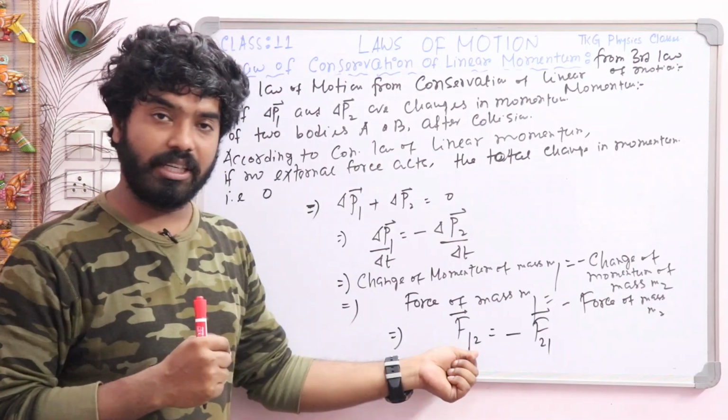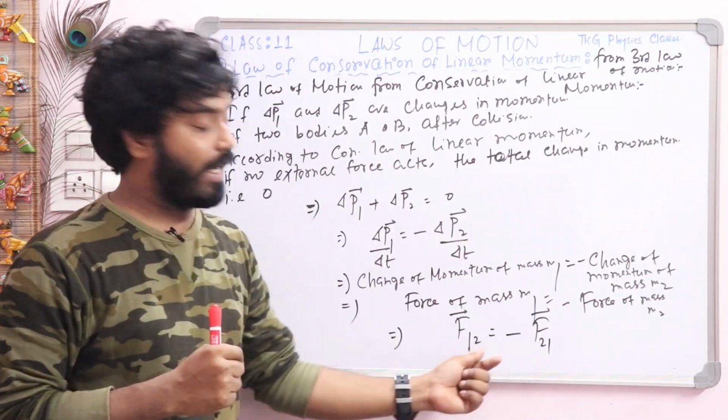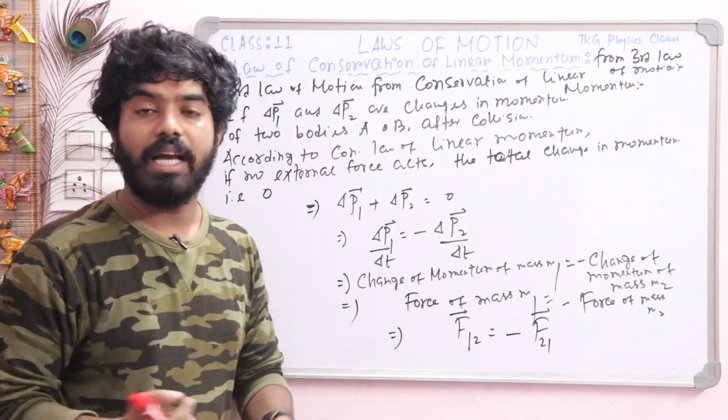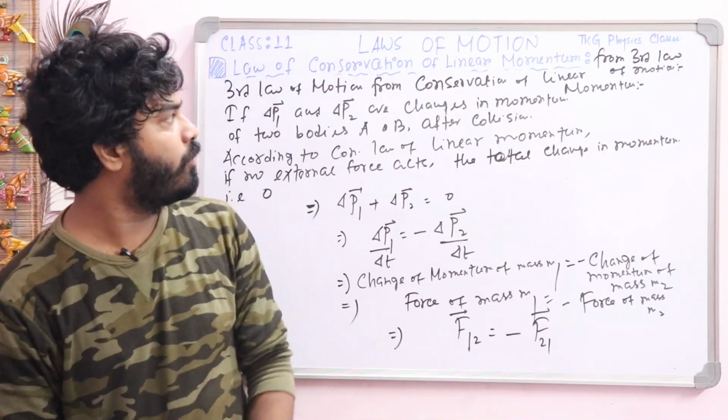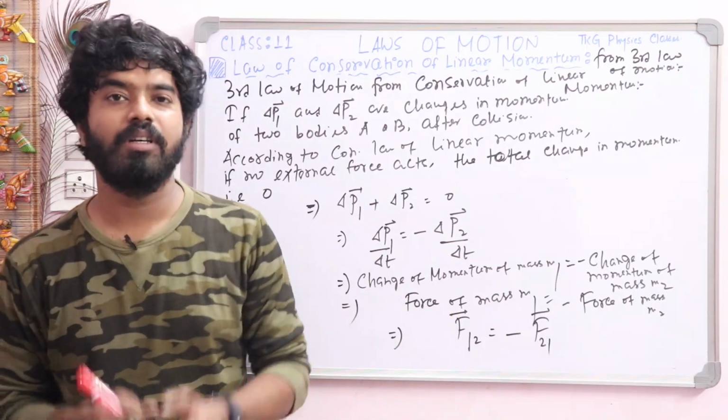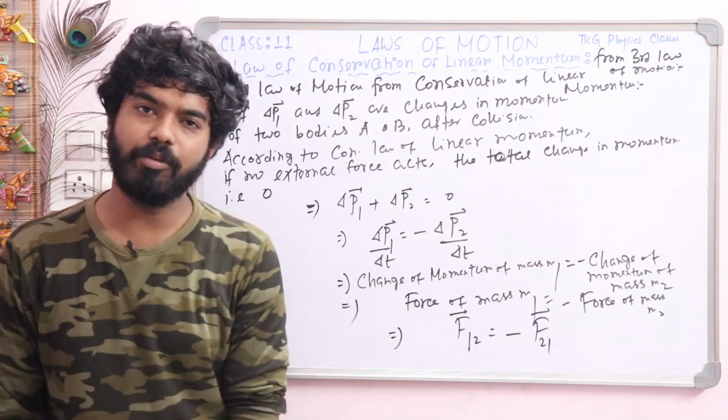If this is the action, then this one is the reaction, so action is equal to minus reaction, and this is Newton's third law of motion. So we have proved Newton's third law of motion from the conservation law of linear momentum.